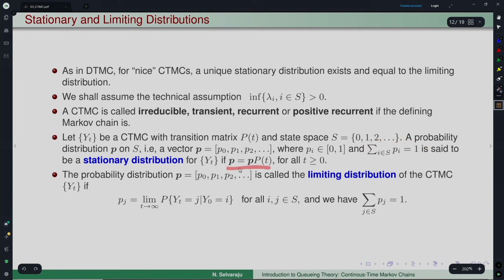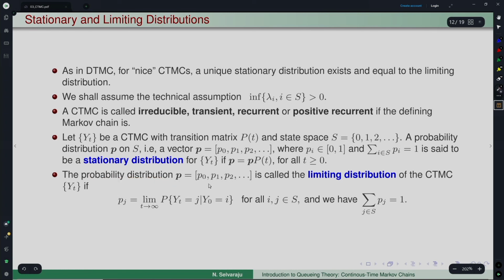This is P equal to P times the transition matrix P of t for all t greater than or equal to 0. In the discrete case also you have something similar. Here we require that this be true for all t greater than or equal to 0, and a P of this form is what will be called the stationary distribution.